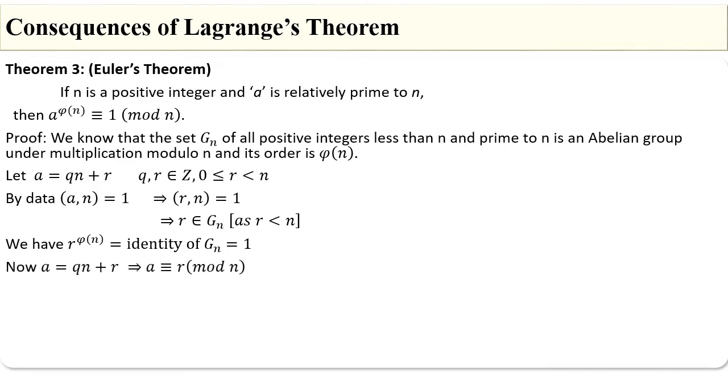Now consider a = qn + r, which implies a is congruent to r modulo n. Raising the power phi of n on both sides, we have a to the power phi of n congruent to r to the power phi of n modulo n.